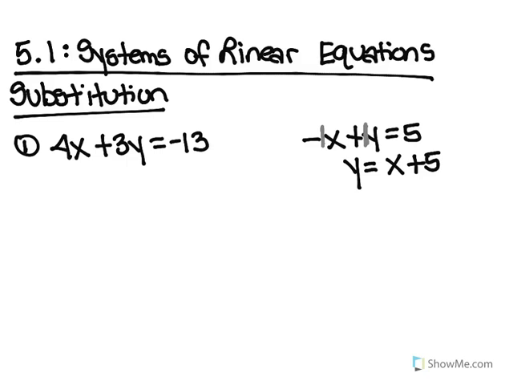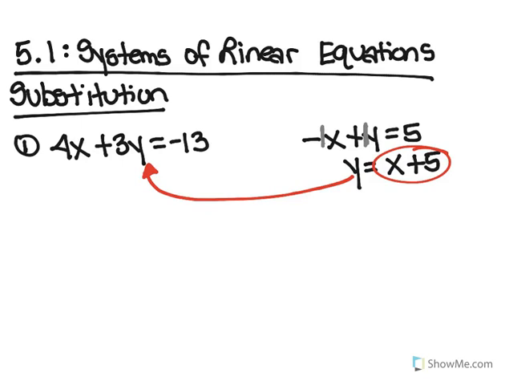Now what I'm getting ready to do is I'm going to sub in the place that says y equals. So in the first equation, where y is, I'm plugging in x plus 5. That's what substitution means. You can't solve an equation with two variables, with x and y.